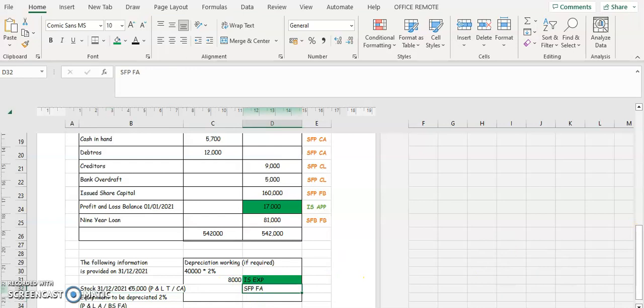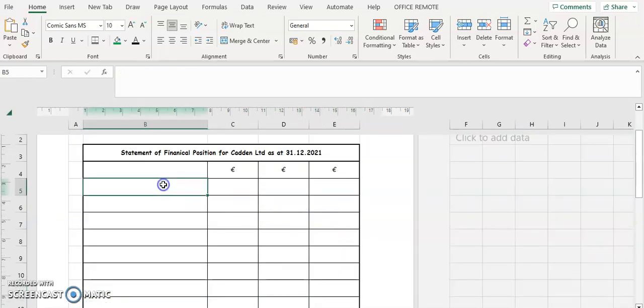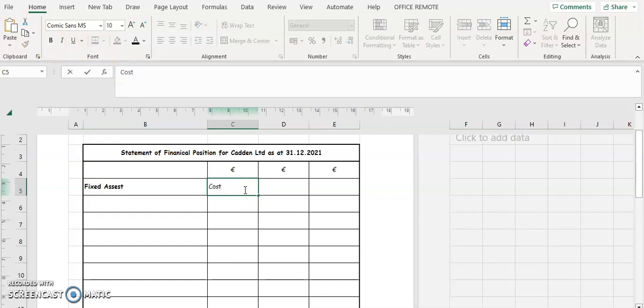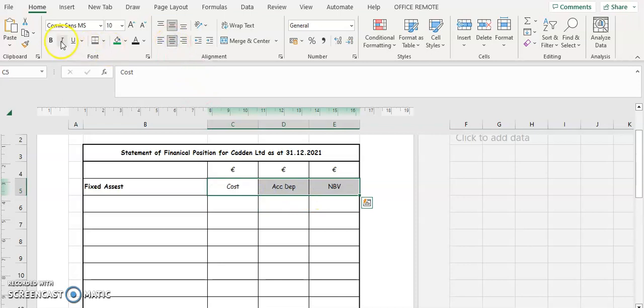So your first item is going to be your fixed assets, and that's going to be one of the 4 headings. And your fixed assets are made up of cost, accumulated depreciation, and your net book value. Now these headings are just used for your fixed assets. They're not used for the other headings that we have in the question.